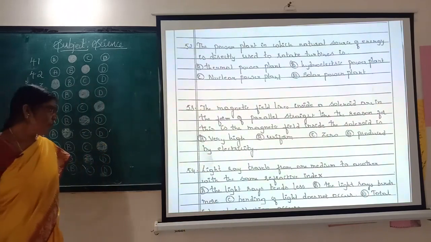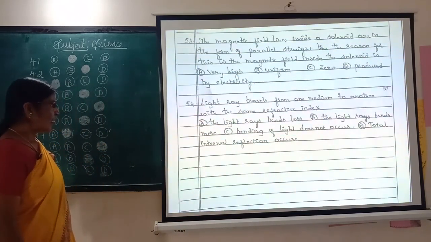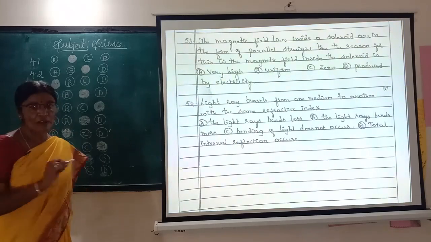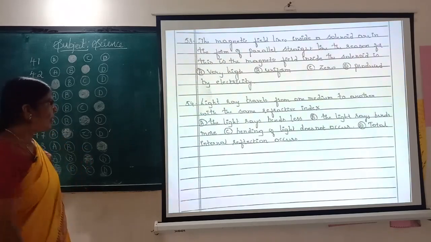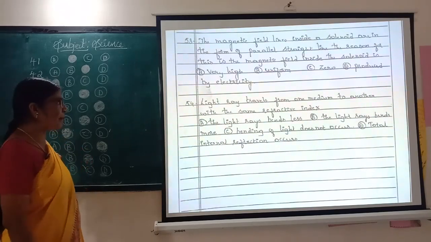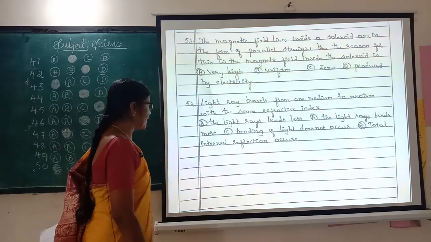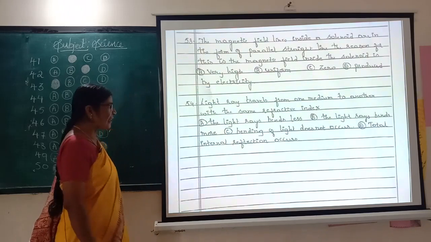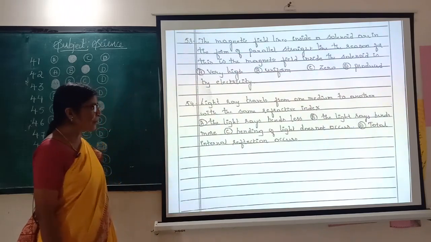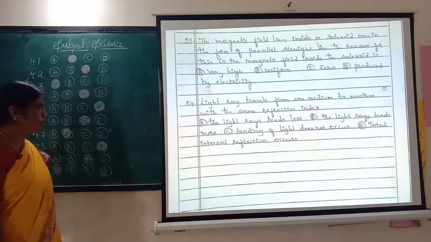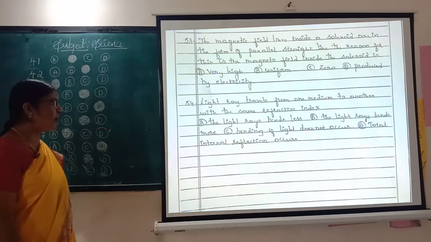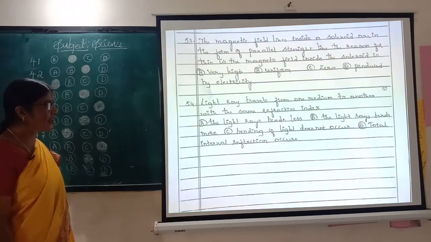Next, children, 54th question. I think it is the last question of the physics part. A light ray travels from one medium to another with the same refractive index. Option A, the light ray bends less. Option B, the light ray bends more. Option C, bending of light does not occur.